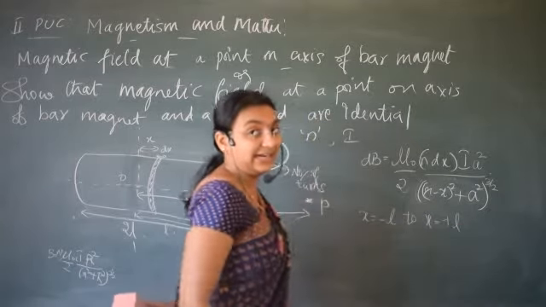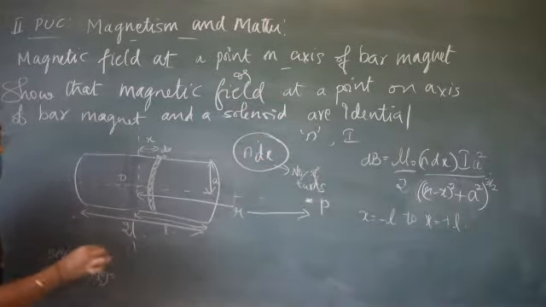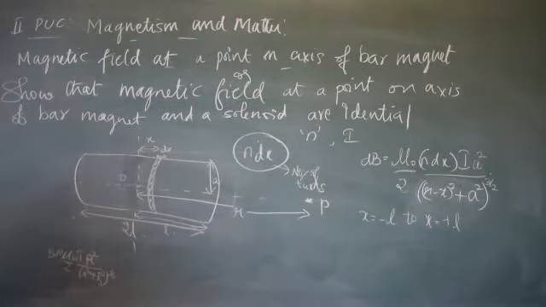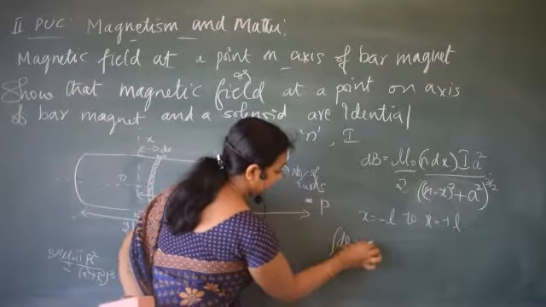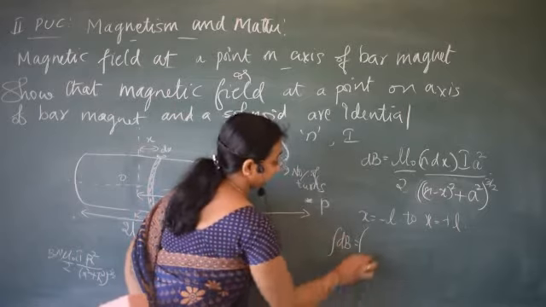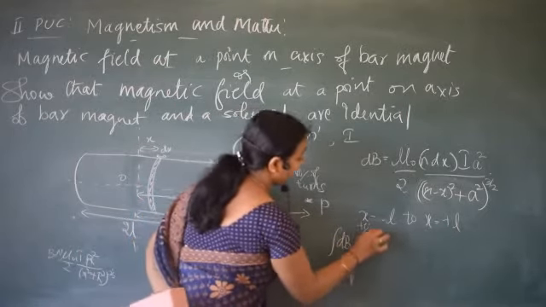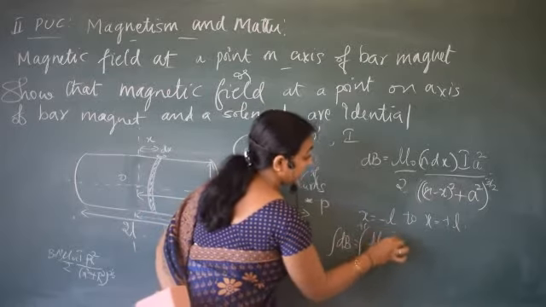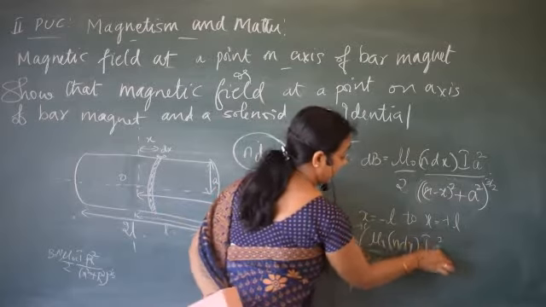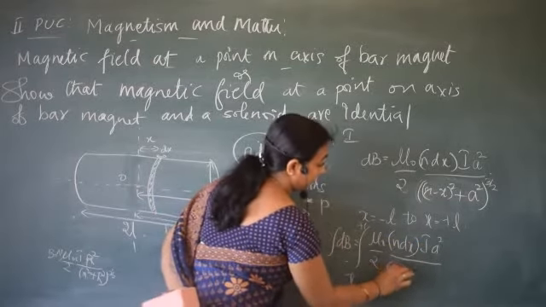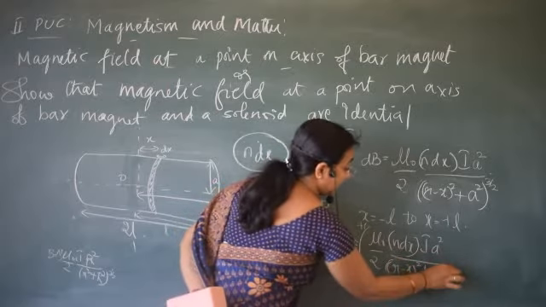So let us integrate it. Integration of dB is equal to integration from minus L to plus L of mu naught by 2 n dx I a square divided by r minus x square plus a square to the power 3 by 2.